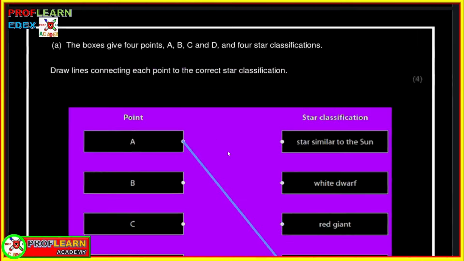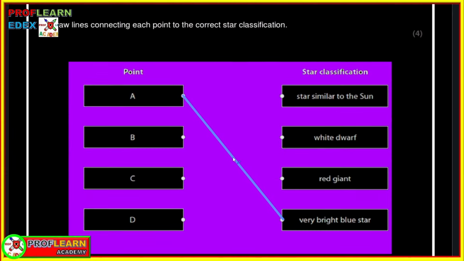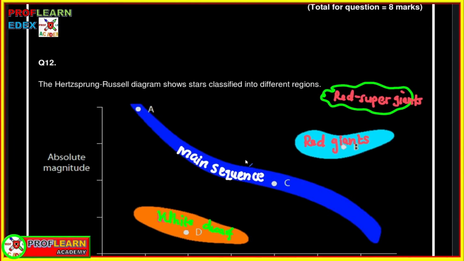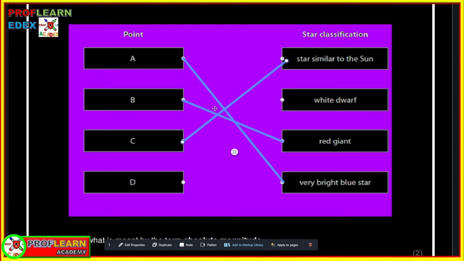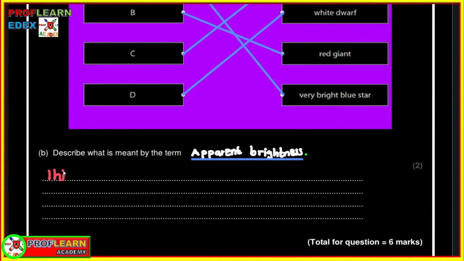Then B is a red giant. C is the main sequence, a star similar to the sun. Then we have a white dwarf at D.